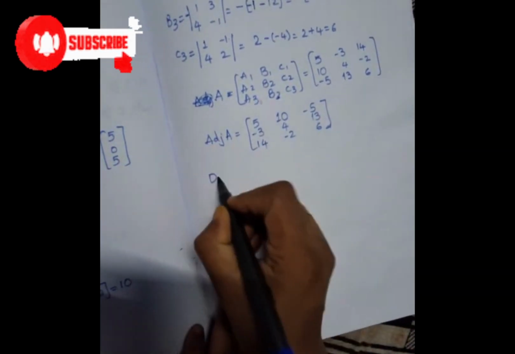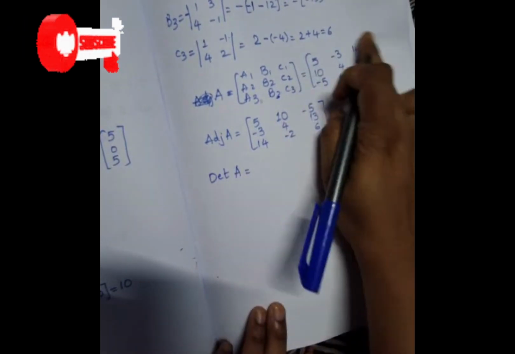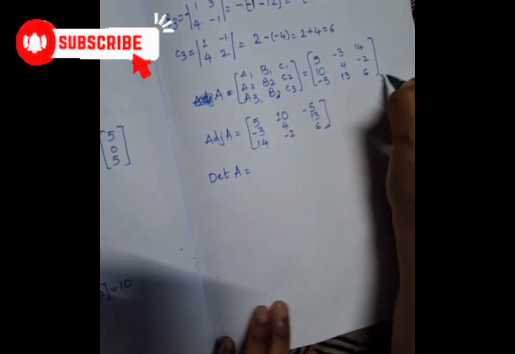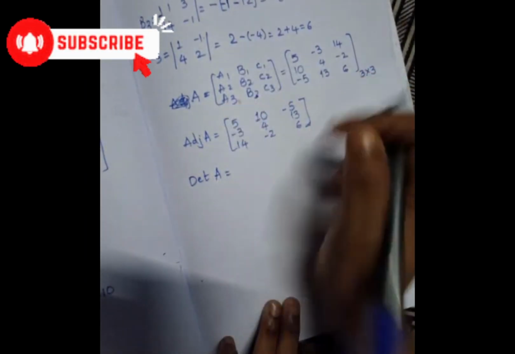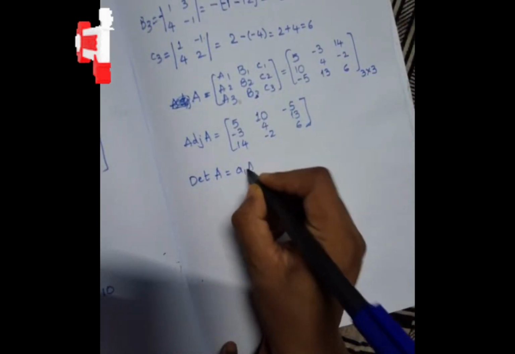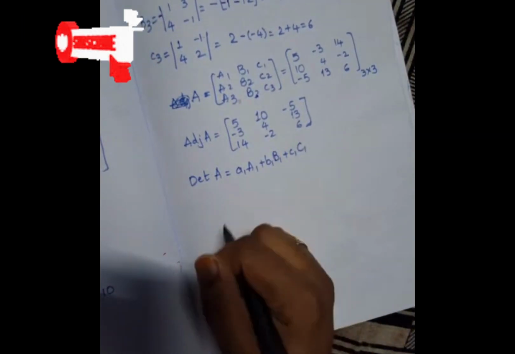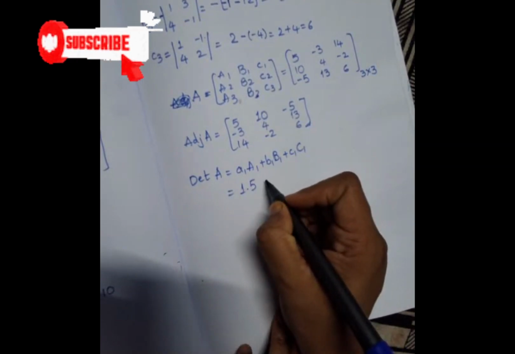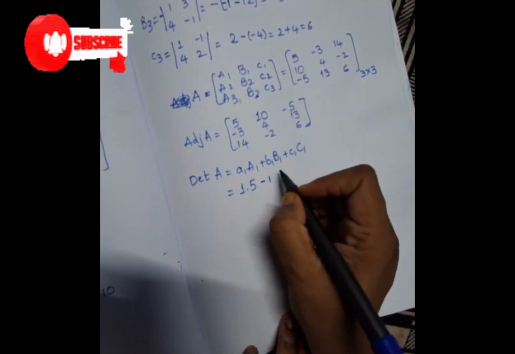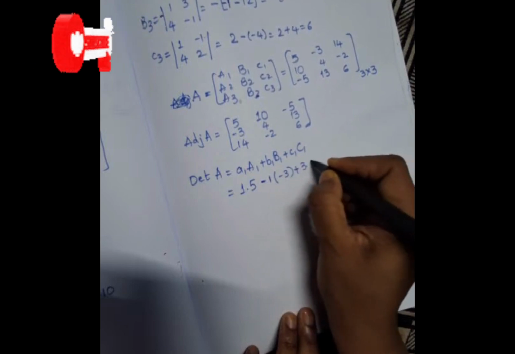Now what is determinant of A? Det A means total det A. We have to find the determinant of a 3 by 3 matrix. So the formula is A1 times its cofactor, plus B1 times its cofactor, plus C1 times its cofactor. That is 1 into 5, minus 1 into minus 3, plus 3 into 14.